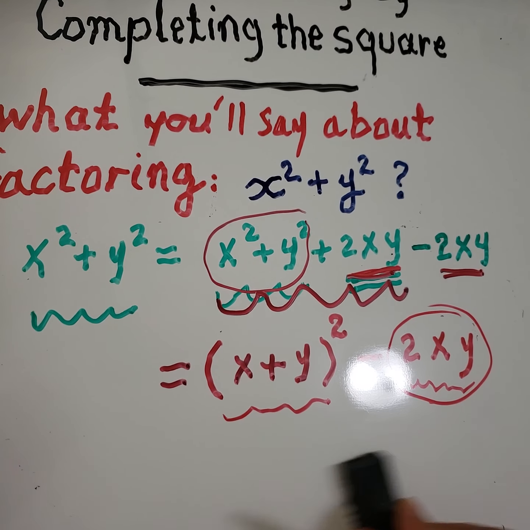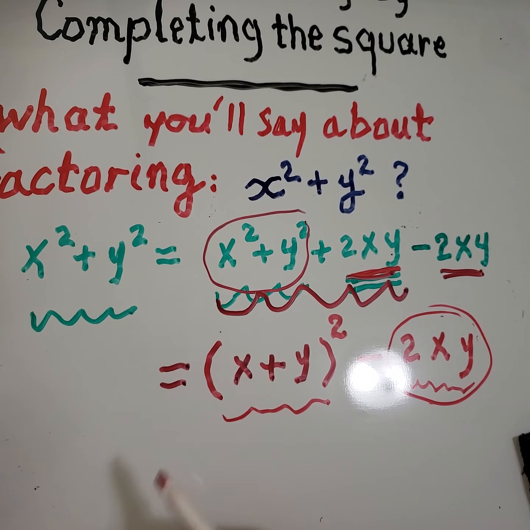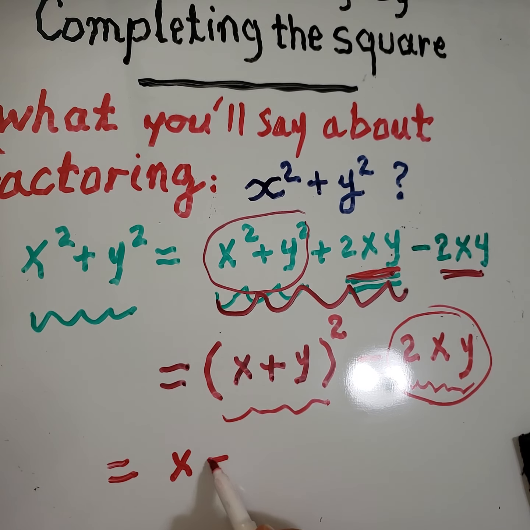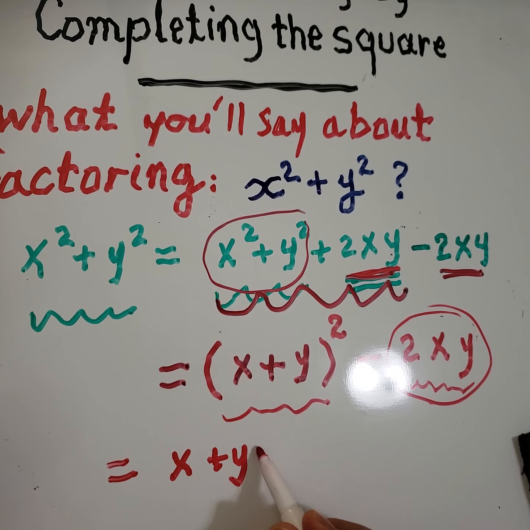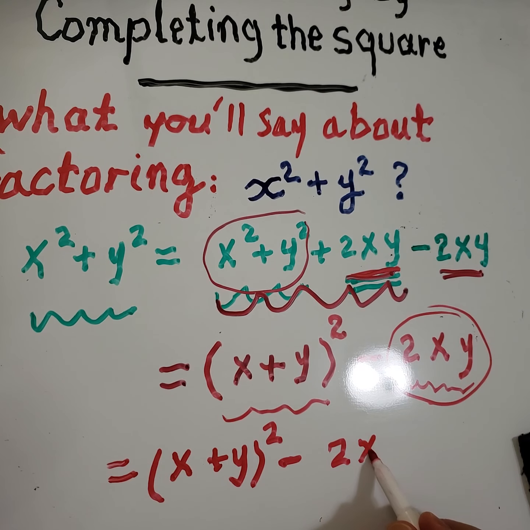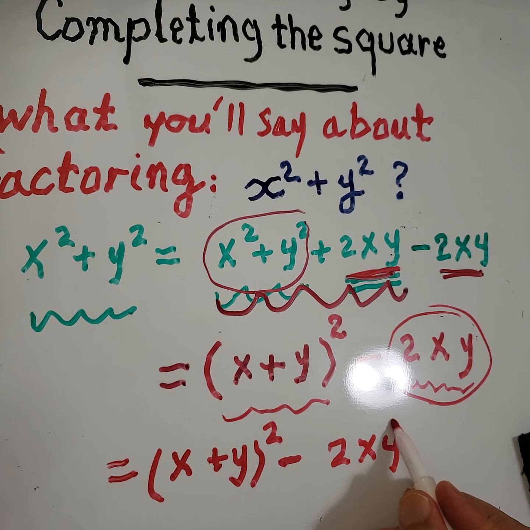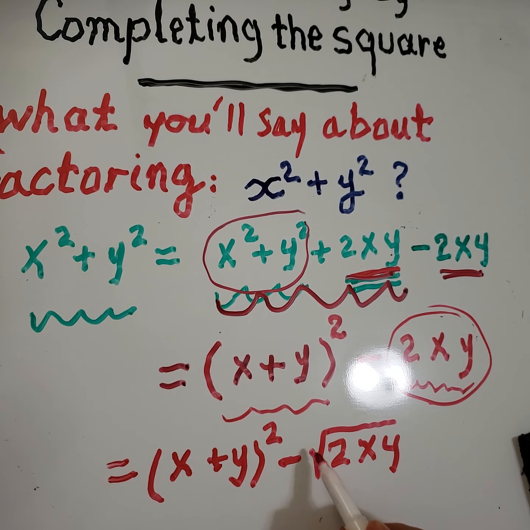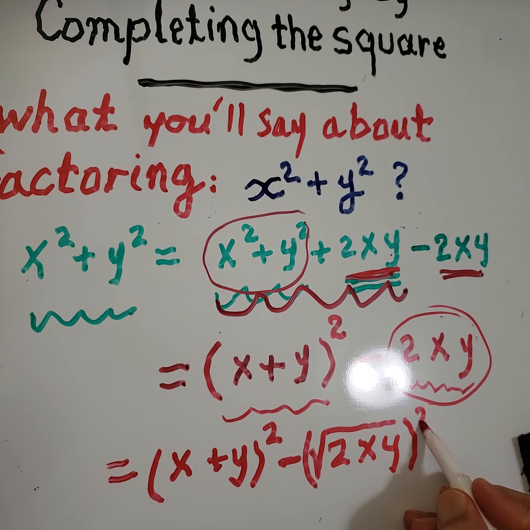I can express this here in this form: x plus y squared minus 2xy under the square root sign, also I put it up to square.